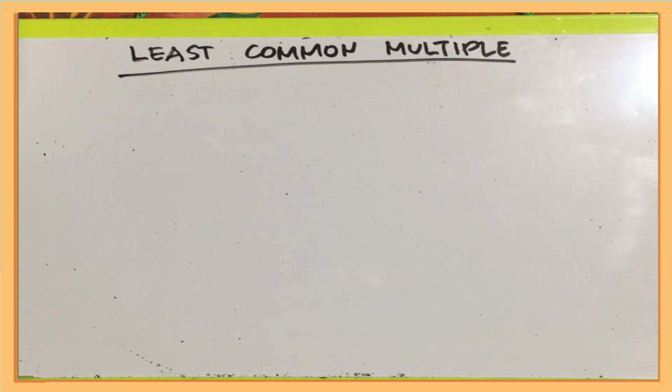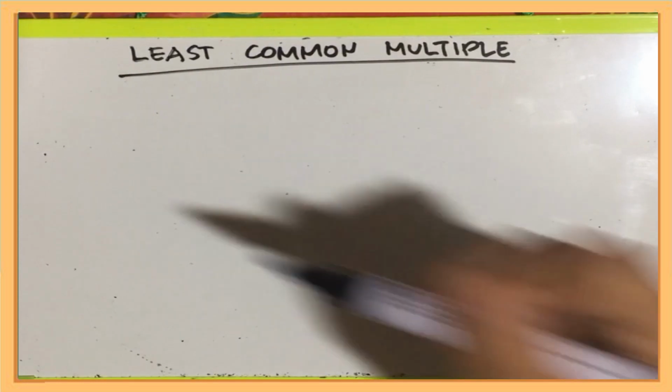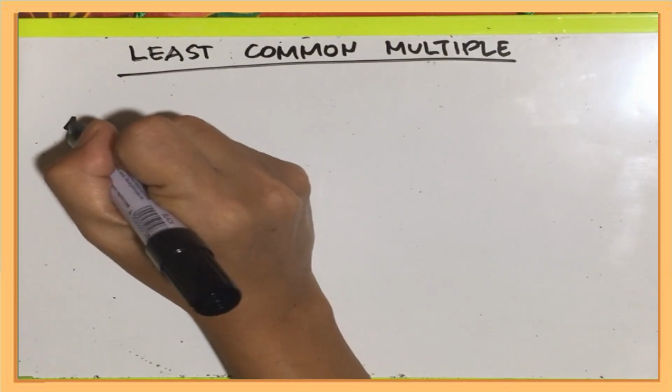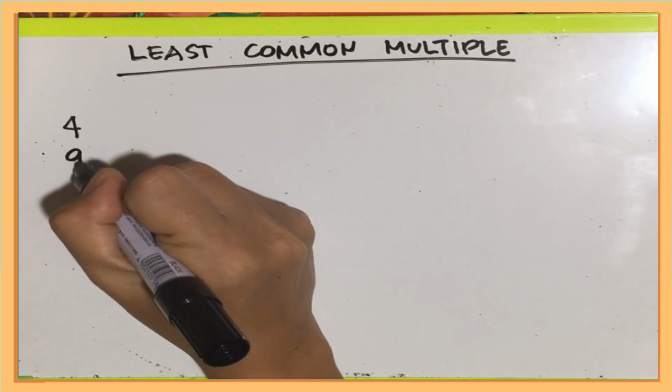For example, 9 is a multiple of 3 because when we multiply 3 and 3, it's 9. 20 is a multiple of 4 because 4 times 5 is 20. Let us have the least common multiple of 4 and 9.